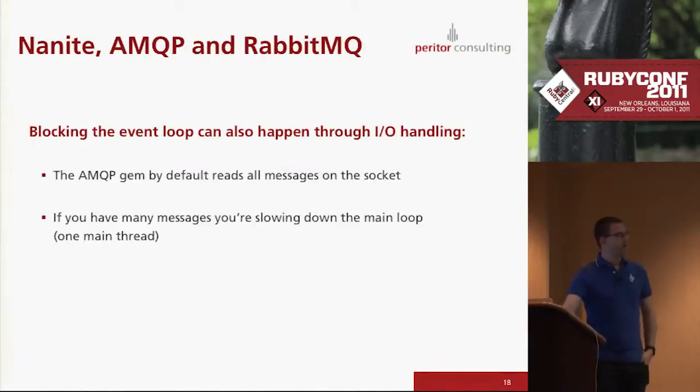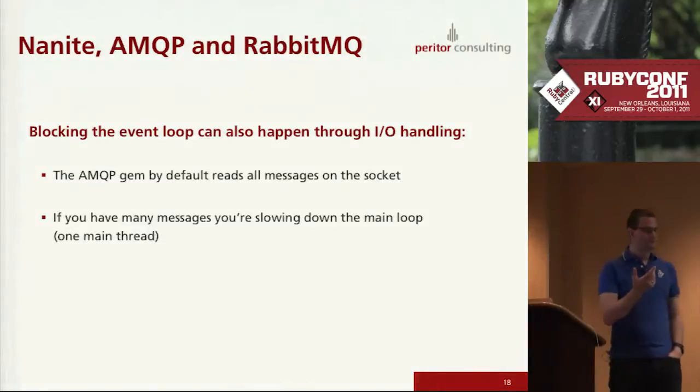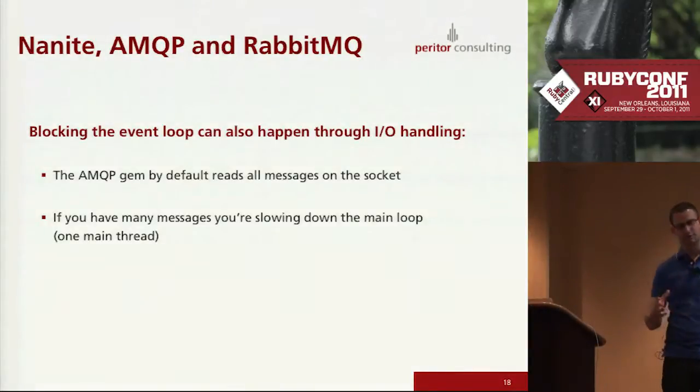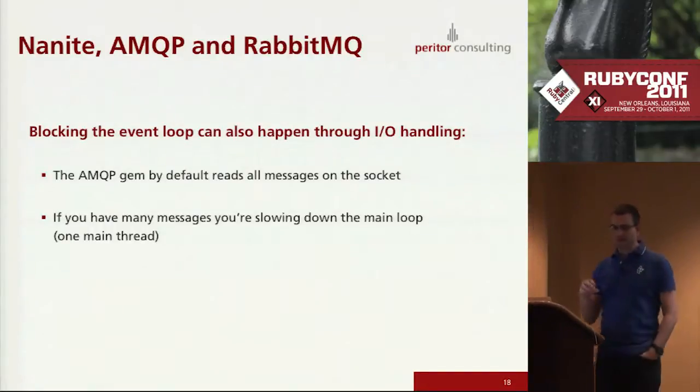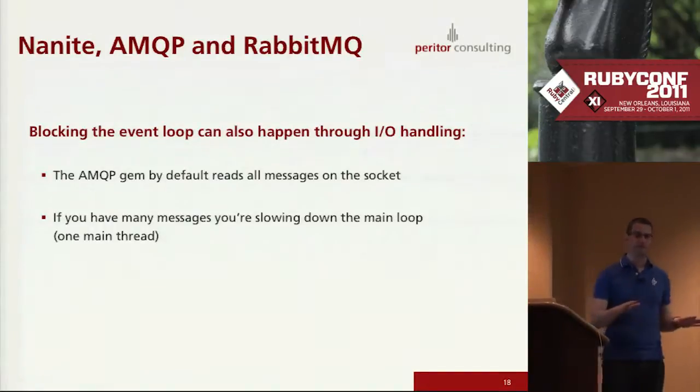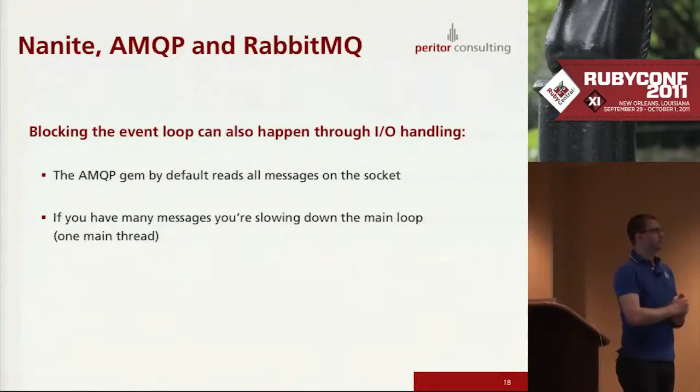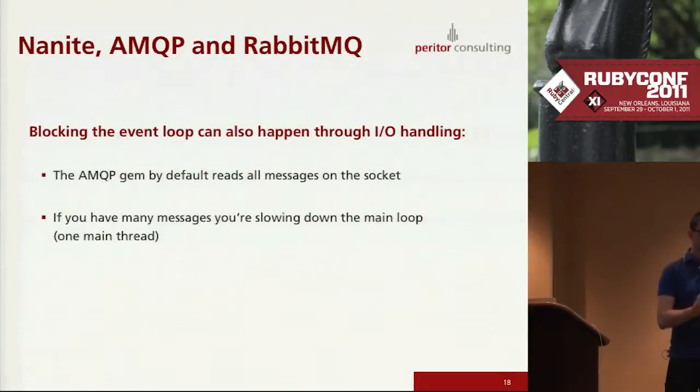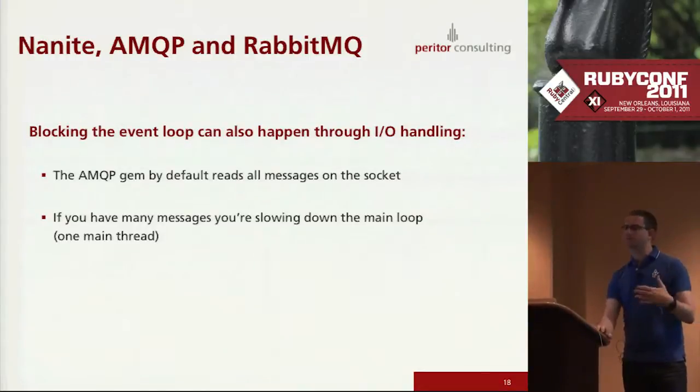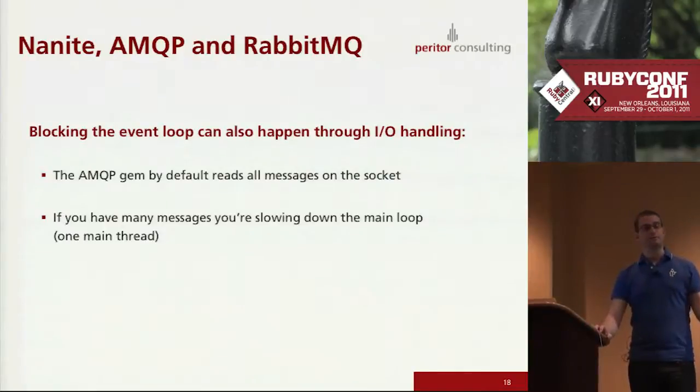An example case of how we did it: we use Nanite, which is an agent framework on top of AMQP, Eventmachine, and RabbitMQ. What it does is distribute messages across agents. And we pretty much broke the whole setup by just having the default behavior of the AMQP gem, which is if there is data on the socket, it reads it.